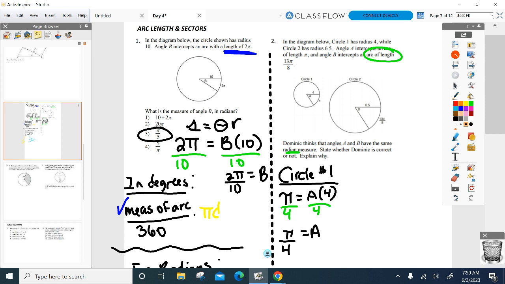All right, what about circle 2 now? Circle 2, a little bit more involved, but the same process. 13 pi over 8, there's my S. Equals B times 6.5. All right, yep, divide both sides by 6.5.